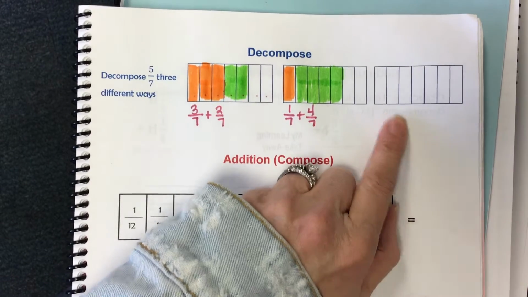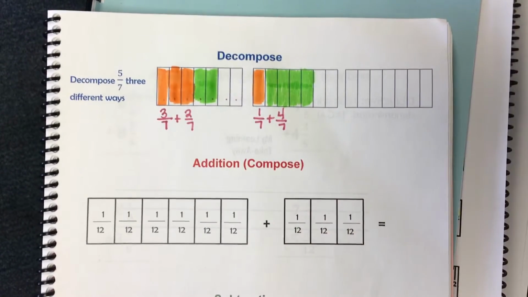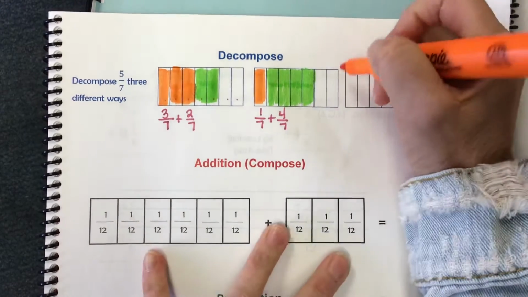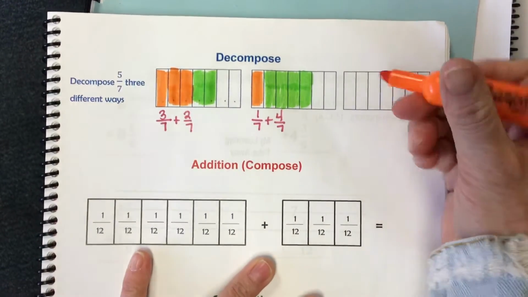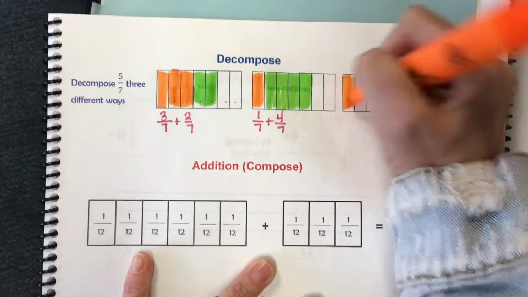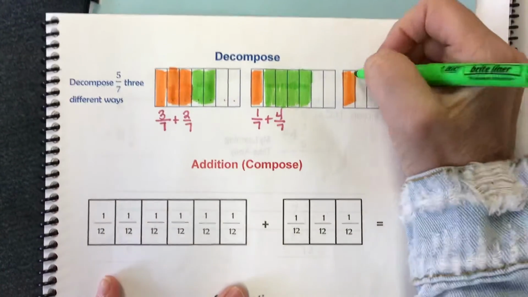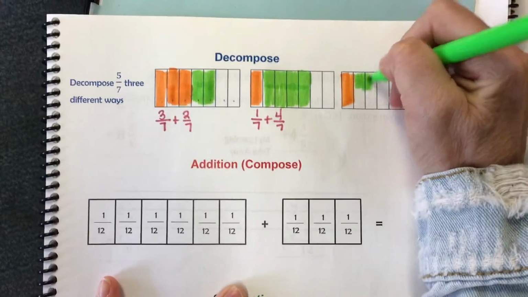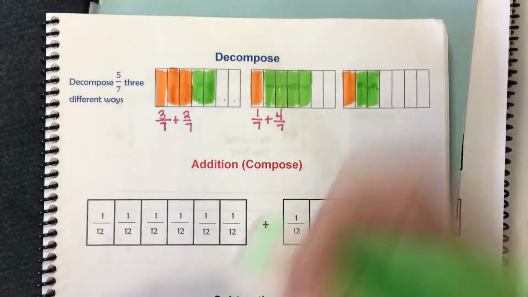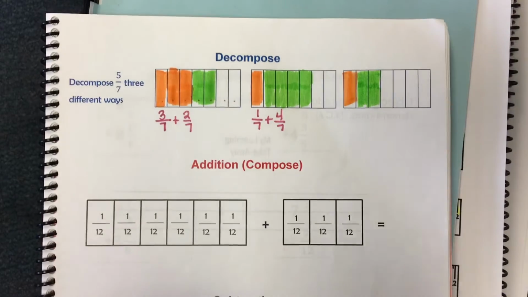Nolan? You can do 1, 2, 2. Well, not 1, 2, and 2. 1/7 plus 2/7 plus 2/7.